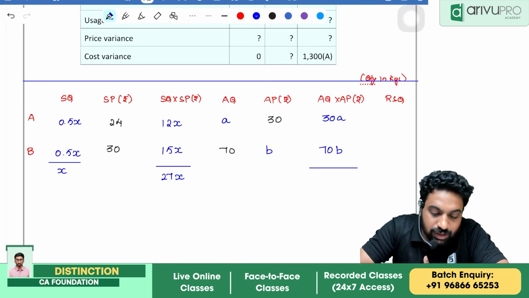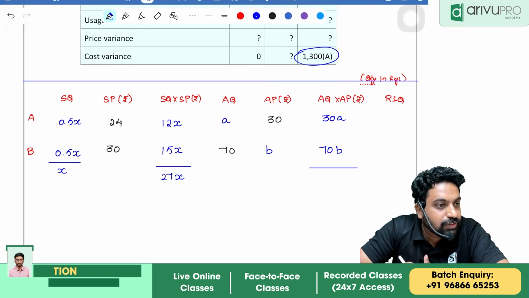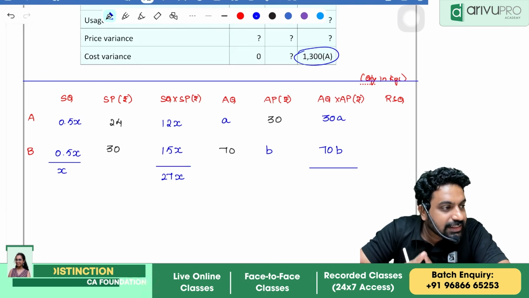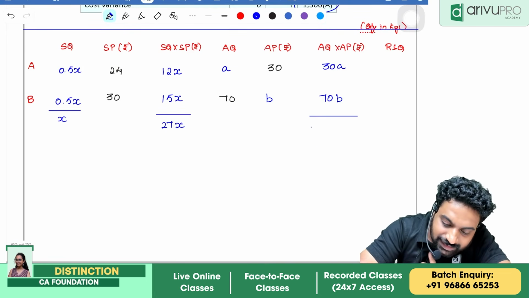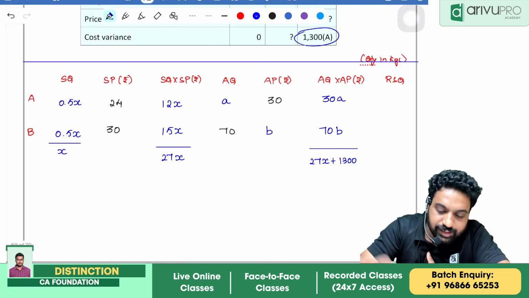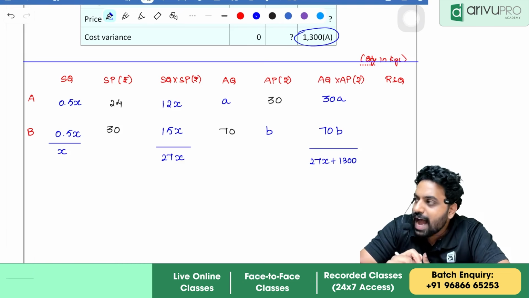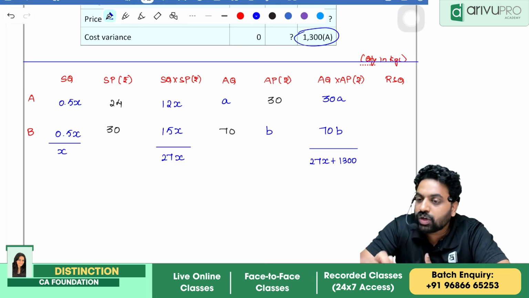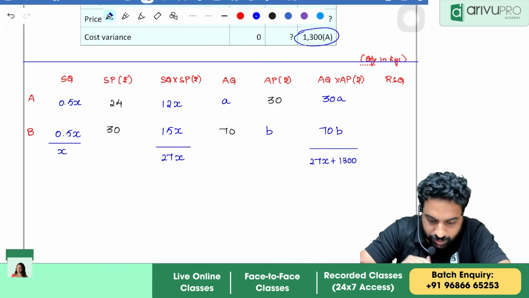Instead, what I will do, they have told cost variance is 1300 adverse. That means your actual is 1300 more than standard. So standard is 27x, so can I write 27x plus 1300? Okay.